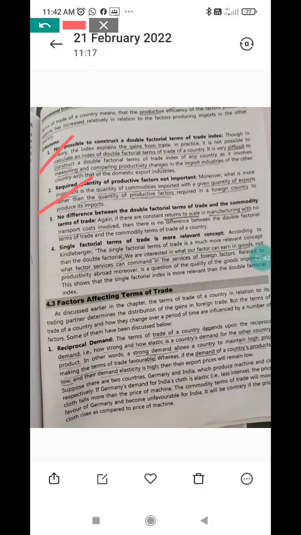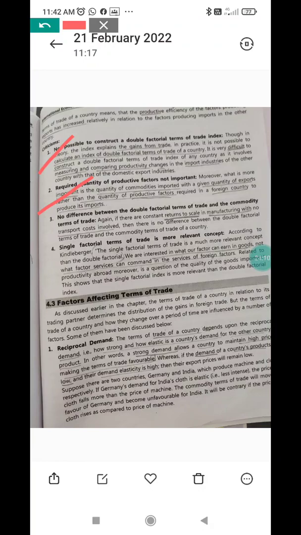Moreover, what is more important is the quantity of commodities imported with a given quantity of exports, rather than the quantity of productive factors required in a foreign country to produce its imports.